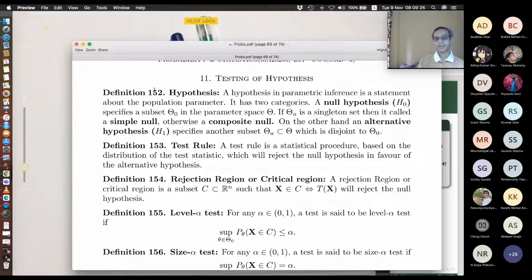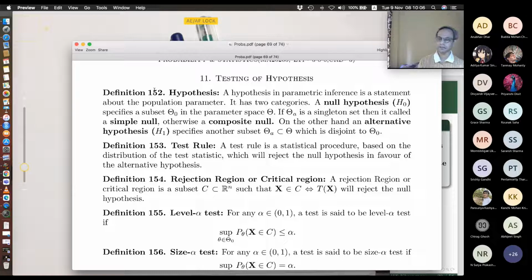The subsets specified by the null hypothesis and the alternative hypothesis should be disjoint. This is the prime requirement. Whatever I am claiming in the null hypothesis and whatever I am claiming in the alternative hypothesis, there should not be any ambiguity. There should not be any common point. So precisely, null hypothesis specifies a subset in the parameter space. It may be singleton, it may not be singleton. Alternative hypothesis also specifies a subset in the parameter space.